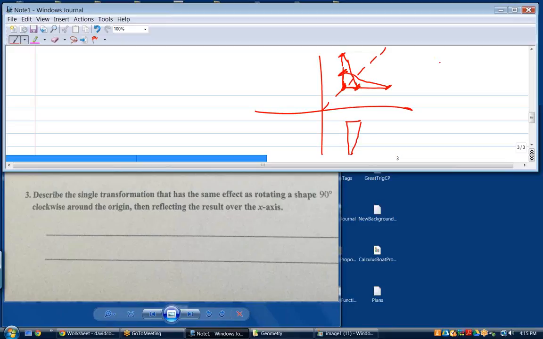Those are the only three things I've memorized. I guess now, if we reflect over y equals minus x, we switch the x and y coordinates and we change the sign on them also. You change the sign on x, but you wouldn't want to change the sign on y, would you? Oh, yes, you would. Now, if we were reflecting over that line there, we'd be in the third quadrant, so everything would be negative.